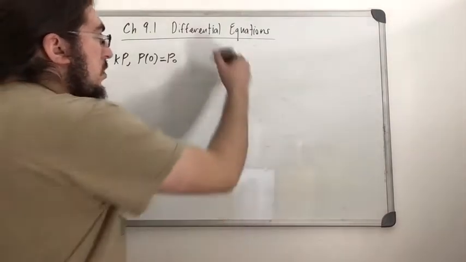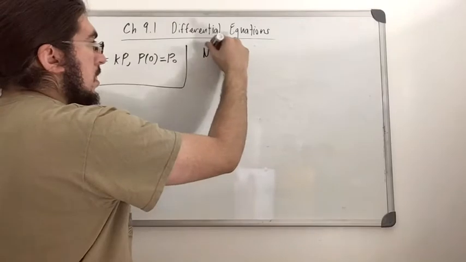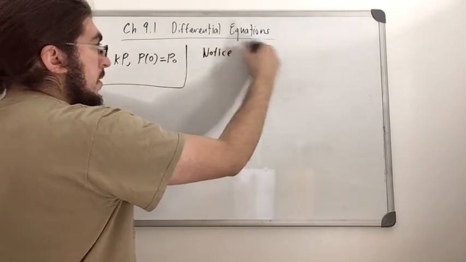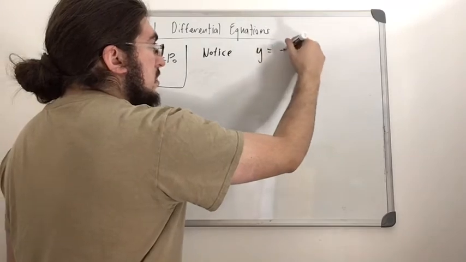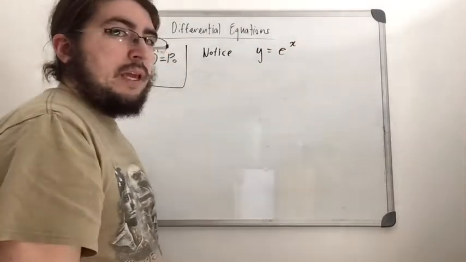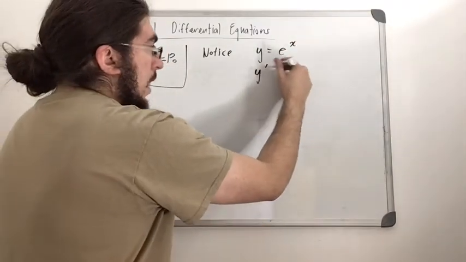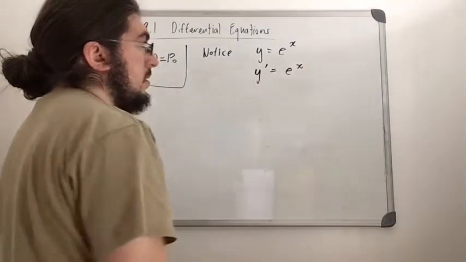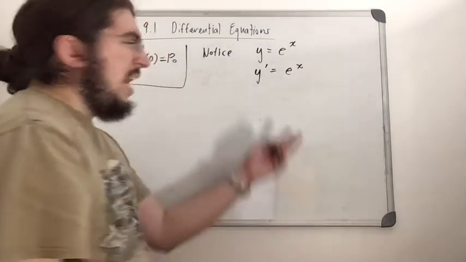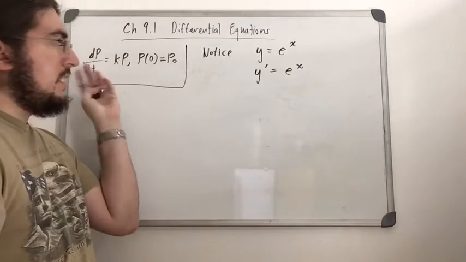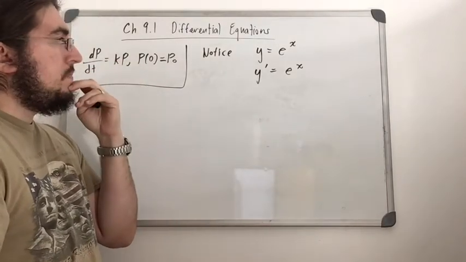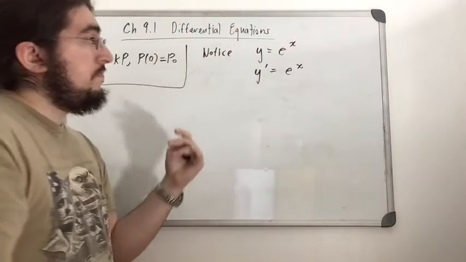And I'm going to notice something. Notice that if y is equal to e to the x, y prime is also e to the x. So it would actually satisfy this if P is y and x is t, and also if k is 1.